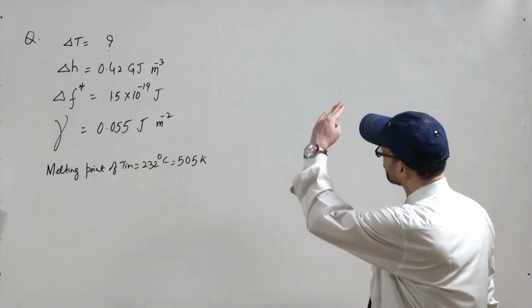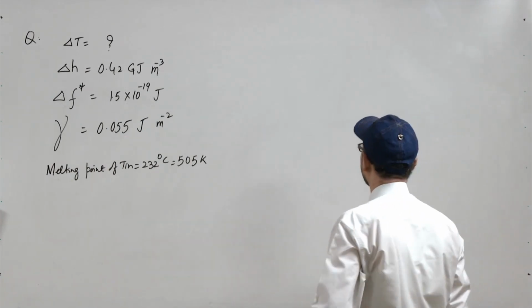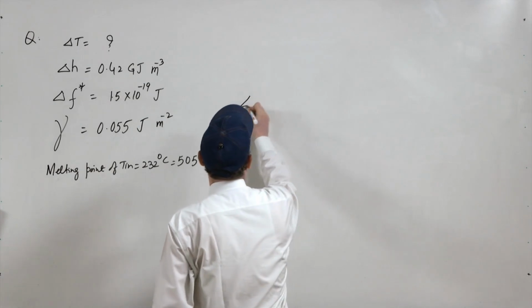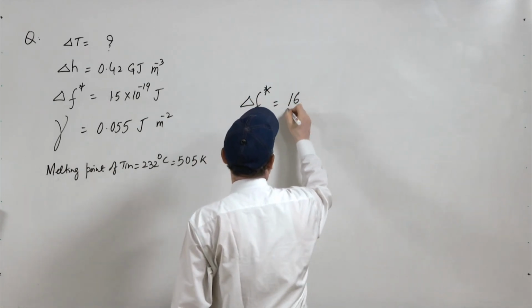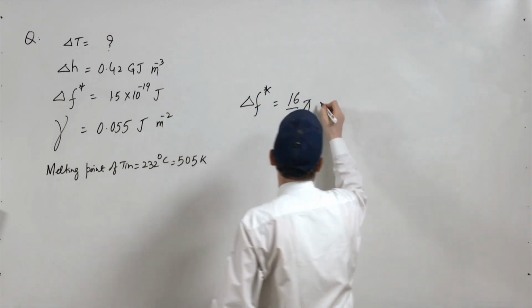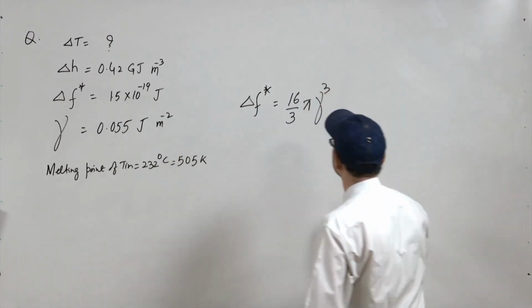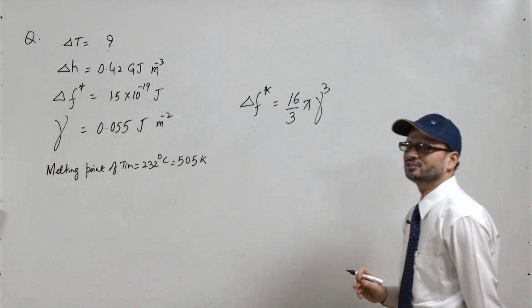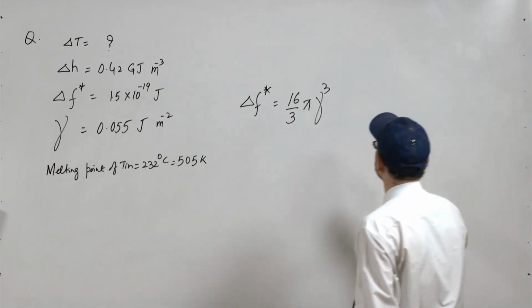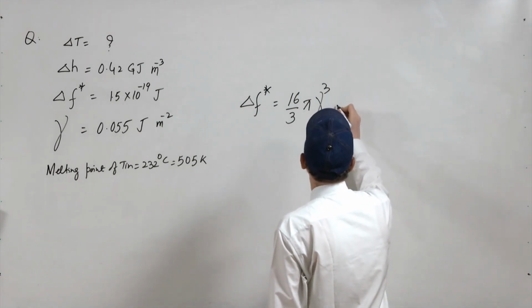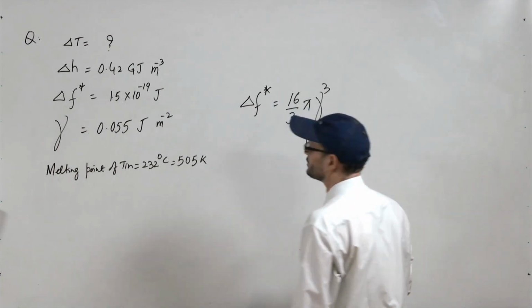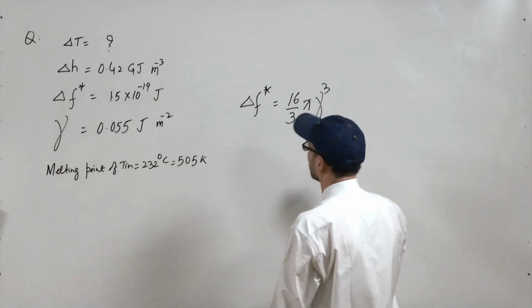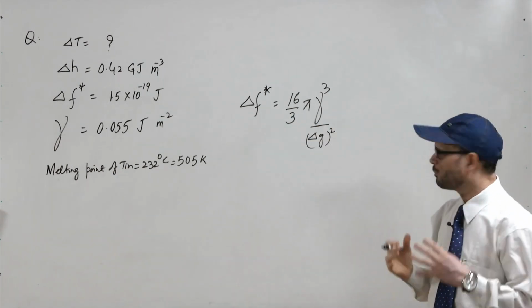Now, we have to simply put in the expression. Delta F star, as we have calculated, is 16 upon 3 pi gamma cube upon delta G square, and delta G we know is nothing but delta H delta T upon T m.